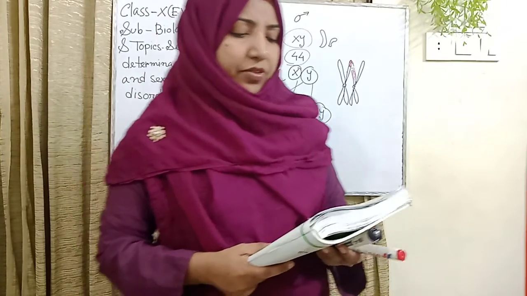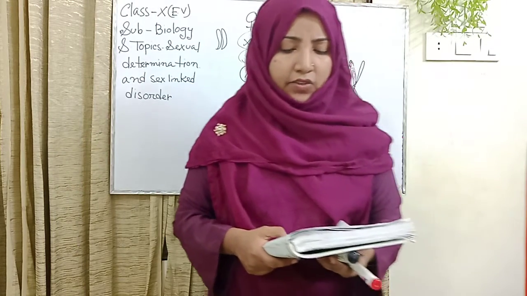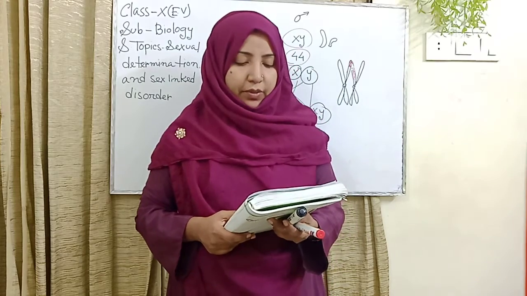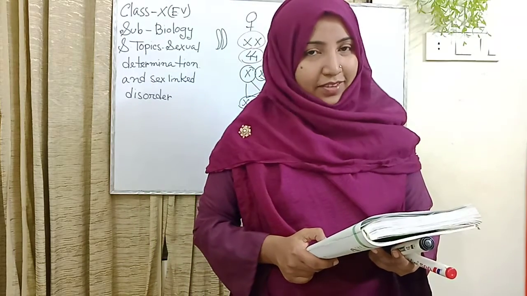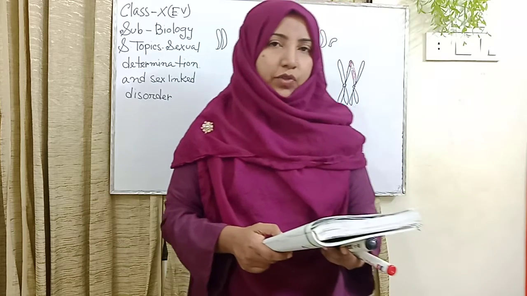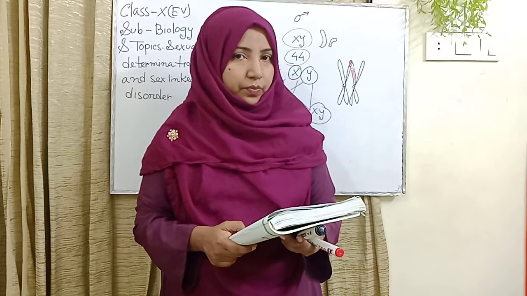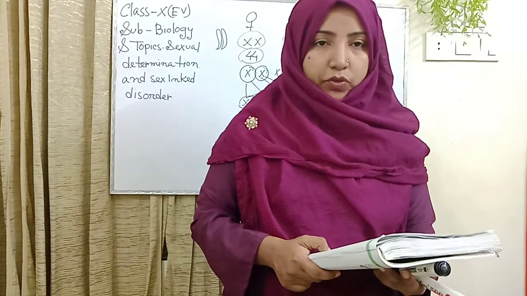These types of diseases are called sex-linked disorders, as the size of the Y chromosome is comparatively short and there are fewer genes on it. In most cases, sex-linked disorders occur due to the mutation of the X chromosome. In females, there are two X chromosomes.